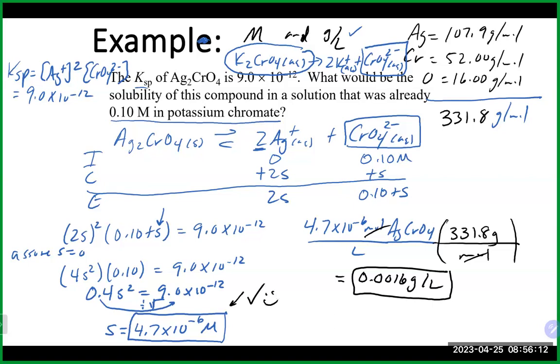A couple other things. Obviously, if I wanted the concentration of silver at this point, I would need to do 2 times the 4.7 times 10 to the minus 6, right? And if I wanted the concentration of chromate at equilibrium, I would do 0.1 plus this number, which essentially will get me 0.1 at that point.